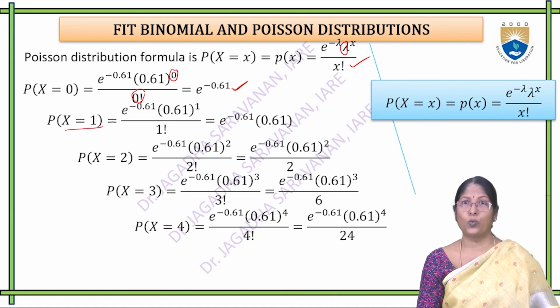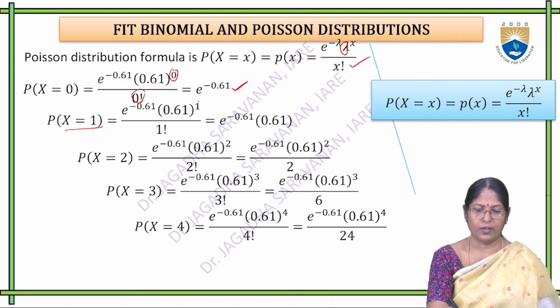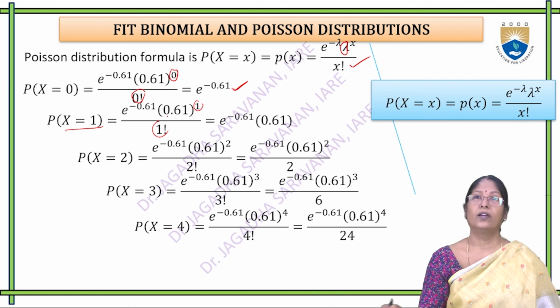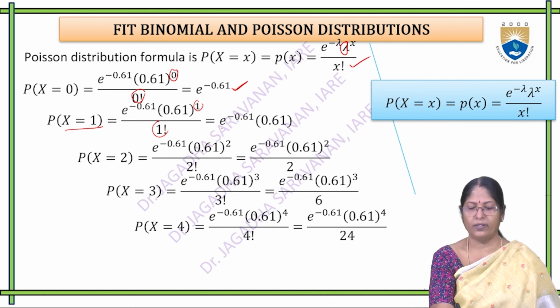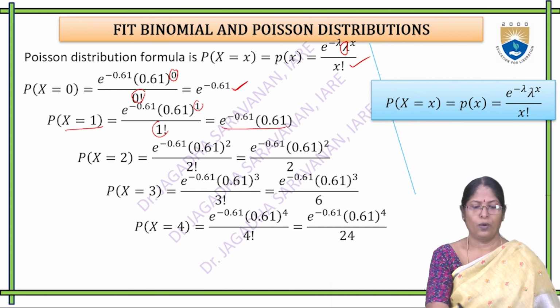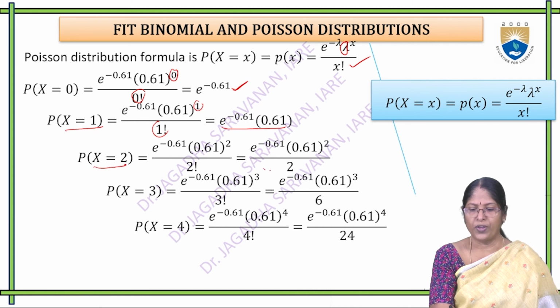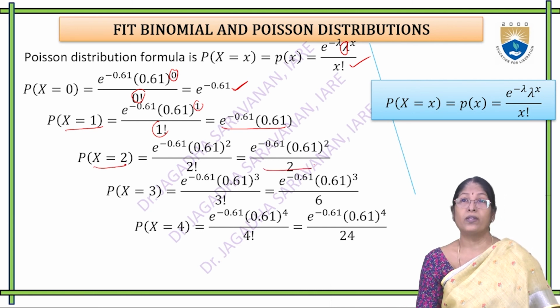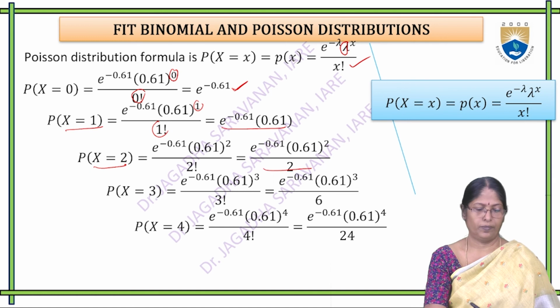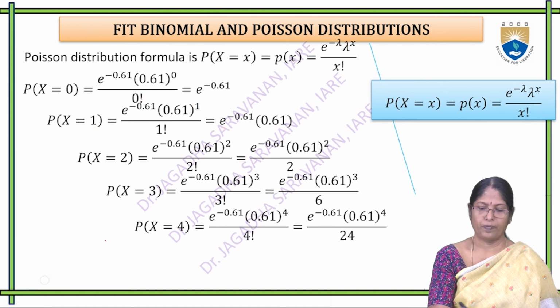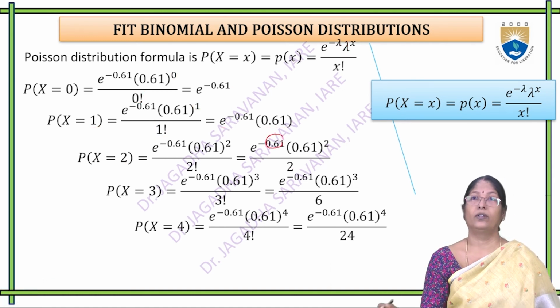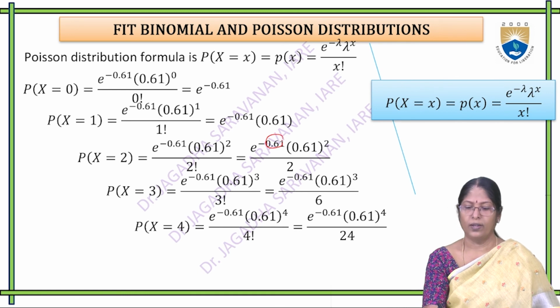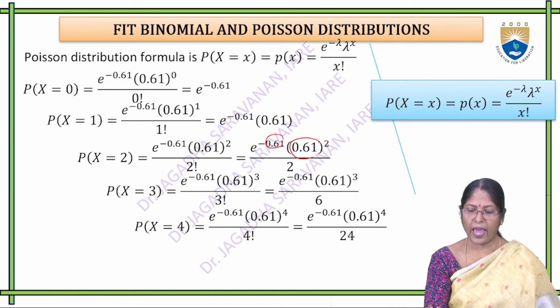Next, when x equal to 1, it is replaced in the places and we obtained this value. When x equal to 2, we obtained e power minus 0.61. This is lambda 0.61, and this is lambda power x.